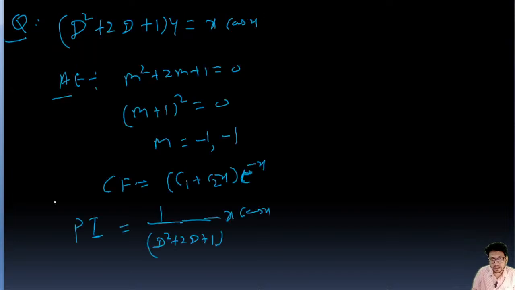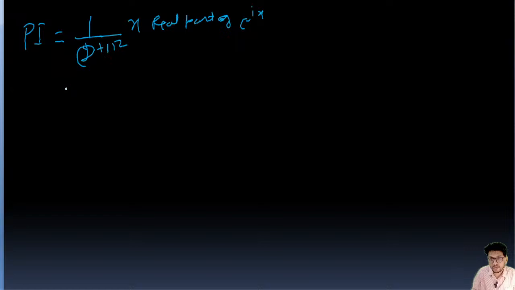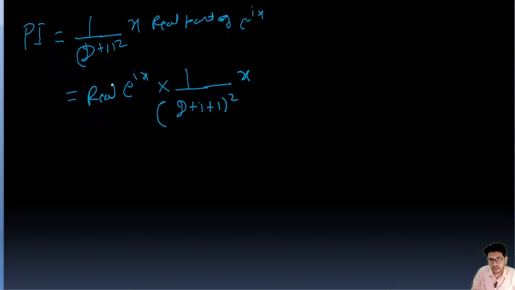We can write this as the value of cos x. So now this is going to be, so we can write e to the power iota x into 1 upon (D replaced by D plus iota, plus 1) whole square, and this is x, and this is the real part.